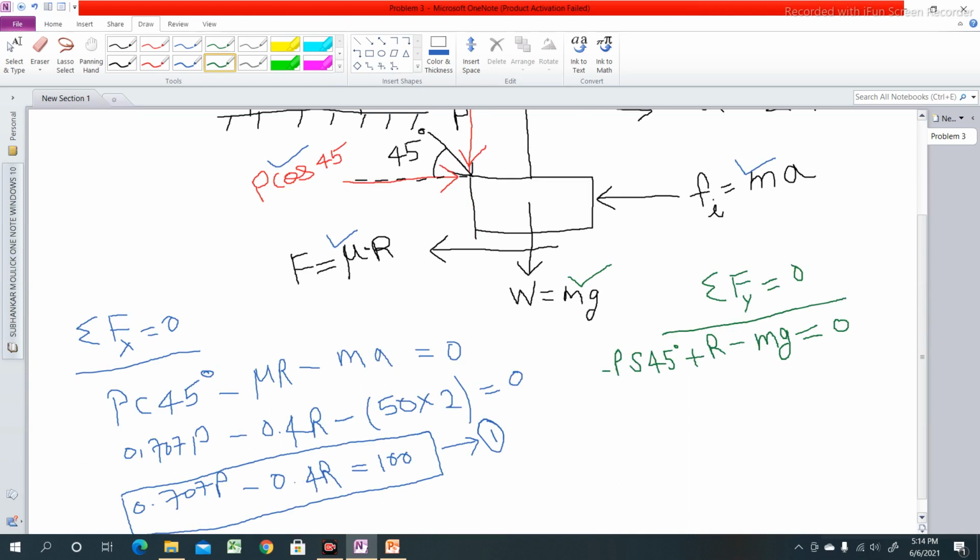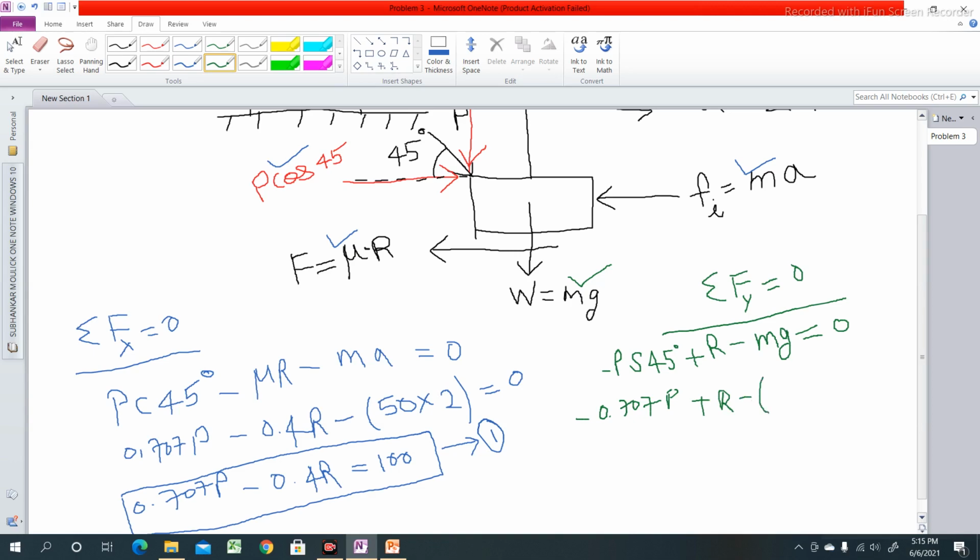Sine 45 is 0.707, so it will be minus 0.707 times P plus R minus m.